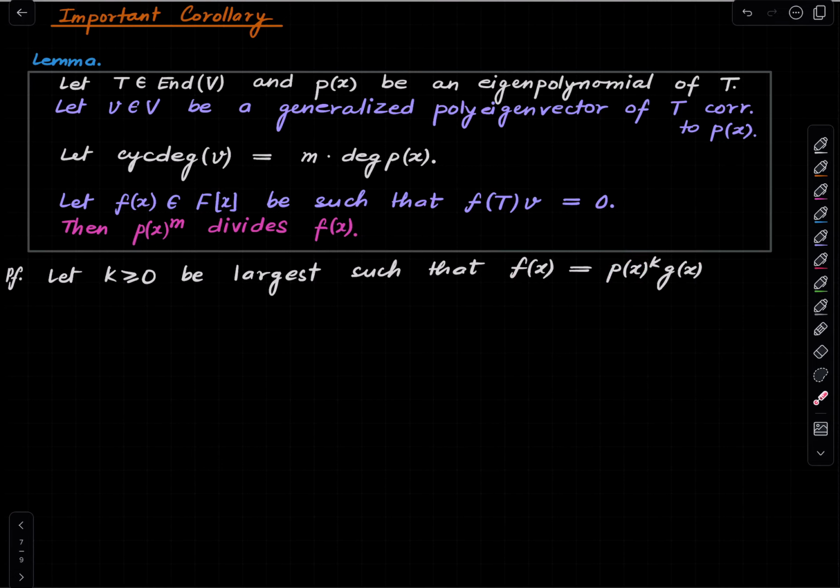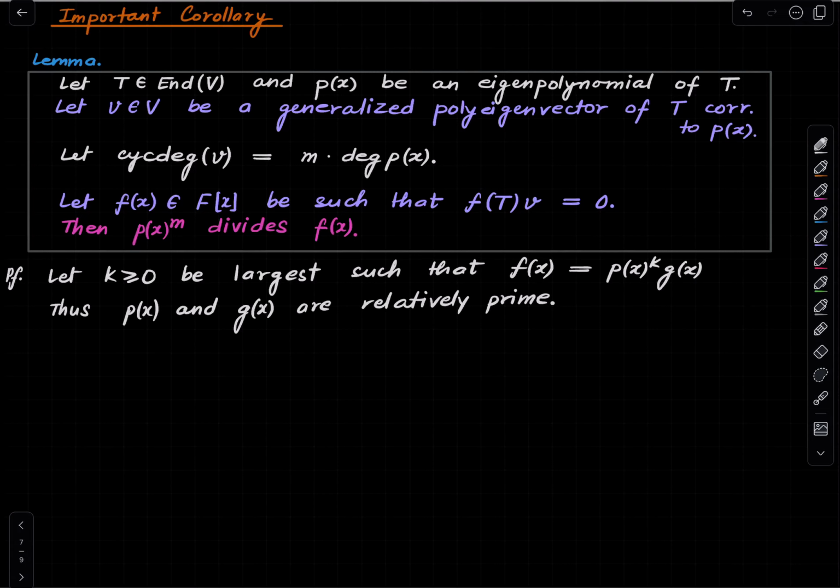So it is in analogy with primes when you talk about integers. So this guy will be relatively prime to px. And yeah, so that's all that we are doing. So we have px and gx are relatively prime.